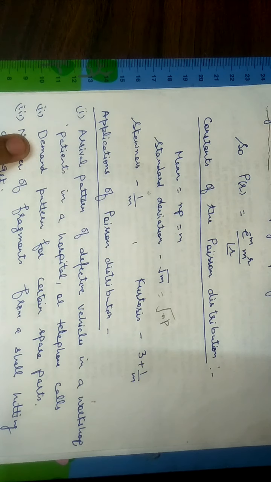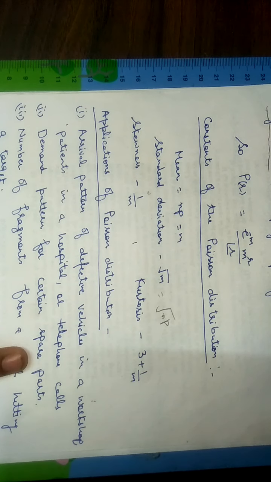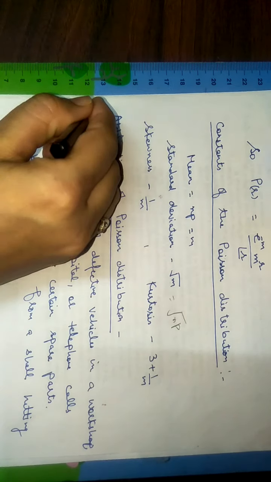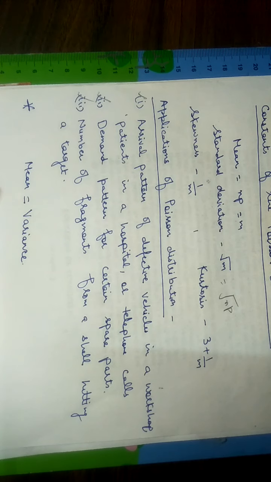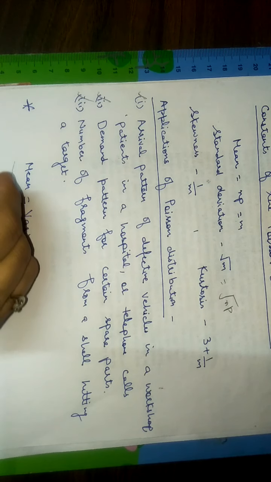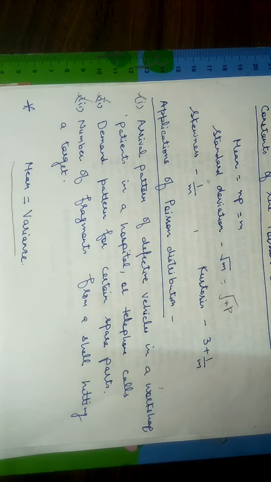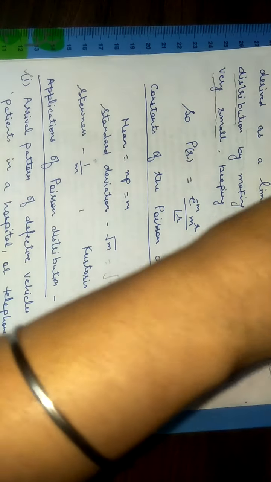Number 2, demand patterns for certain spare parts. And number 3, number of fragments from a shell hitting a target. Where the statement gives this type of patterns, we use Poisson distribution. And this is important: in Poisson distribution, mean equals variance.